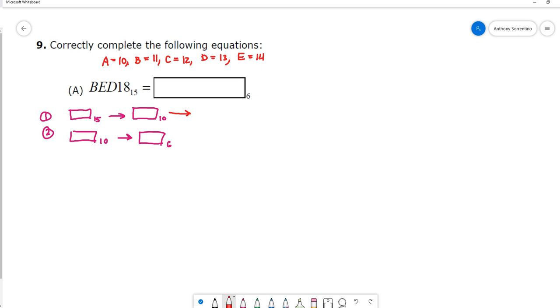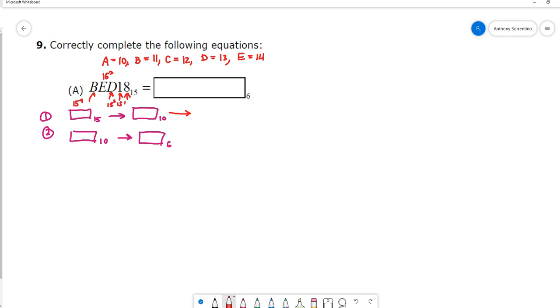Because when I look at this here, I have my unit position, my 15s to the first. This is my 15 squared. This is my 15 cubed position. This is my 15 to the fourth position. And what's in those places are the numbers I would need to multiply to that power of 15.